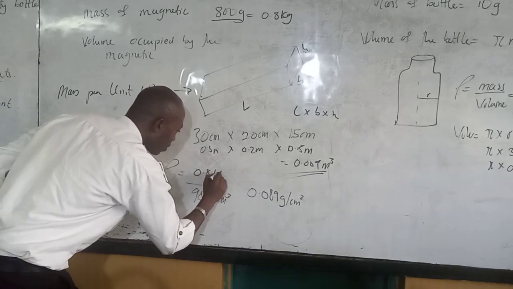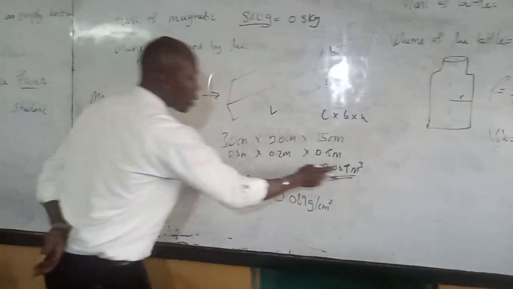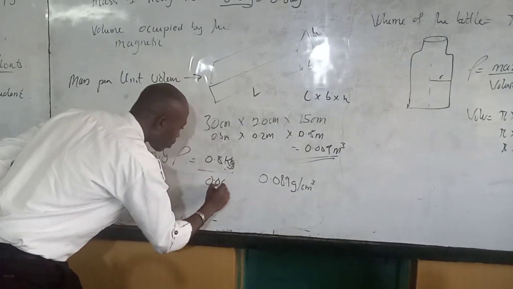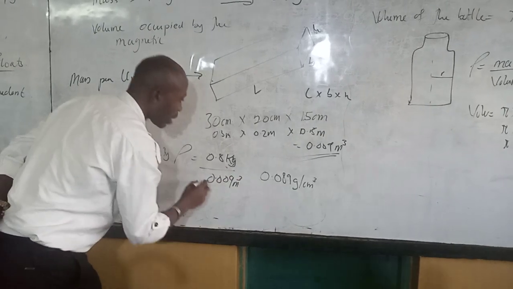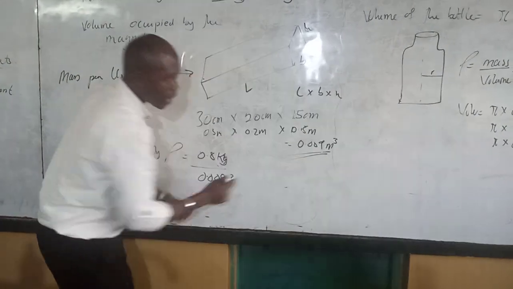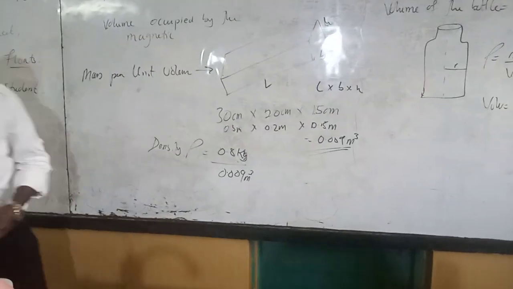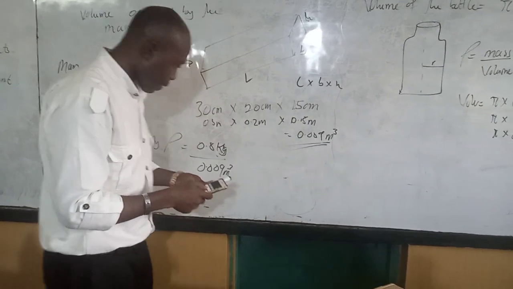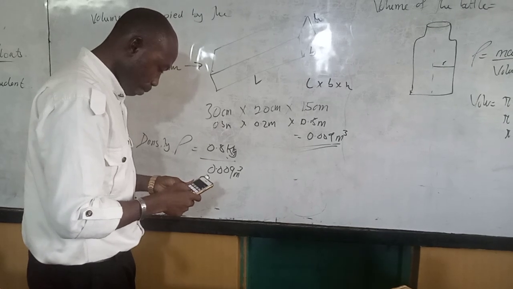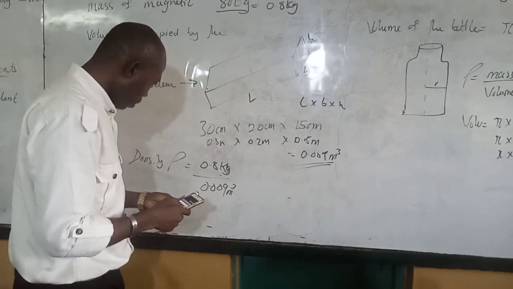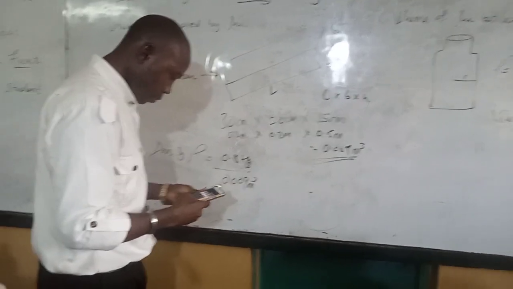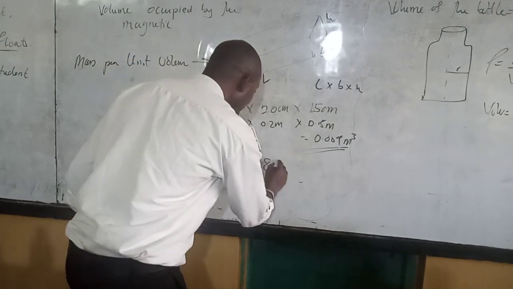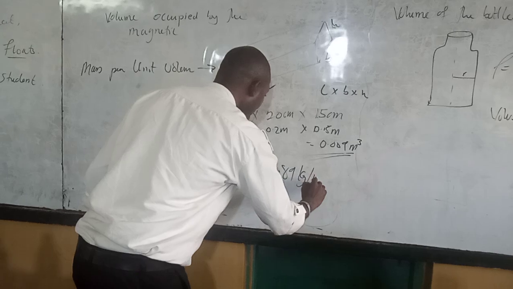Since this one is converted to meters, it will give you simply 0.09 cubic meters. If you convert all, you are bound to get, let's do the calculation, 8.89 kilogram per cubic meter.